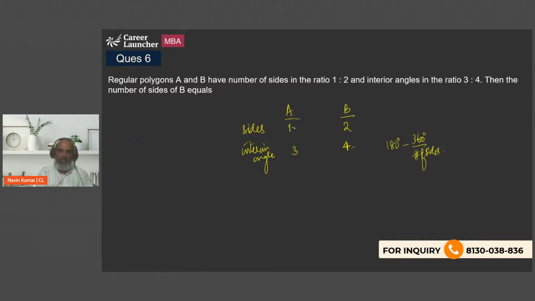So if I take this as 1s as the side and 2s as the side, so when it comes to regular polygon A, its interior angle is 180 degrees minus 360 upon S, and that of the regular polygon B, it's 180 degrees minus 360 degrees upon 2S. This is in the ratio of 3:4. So once we figure out S, we'll have to double it, because S is not what is asked. We are asked number of sides of B.